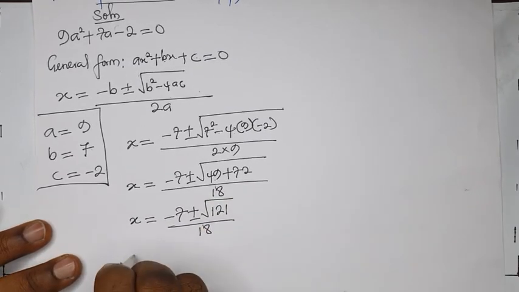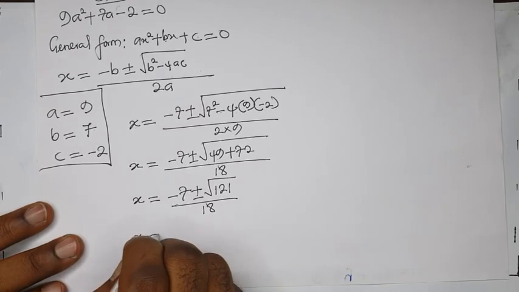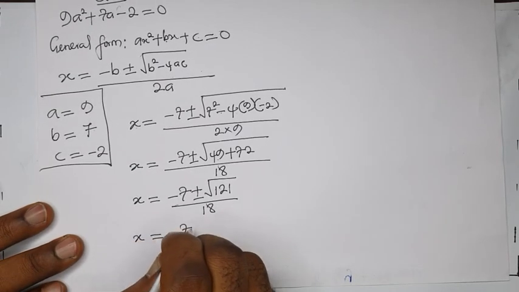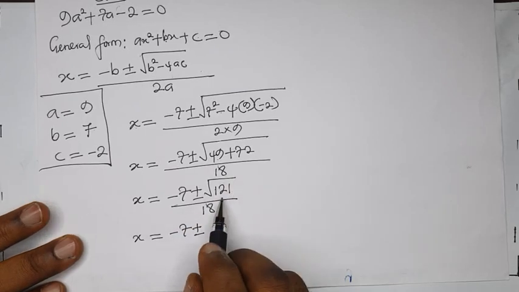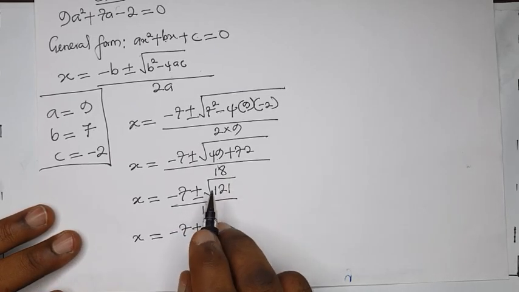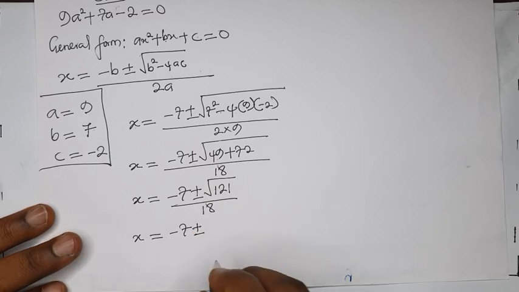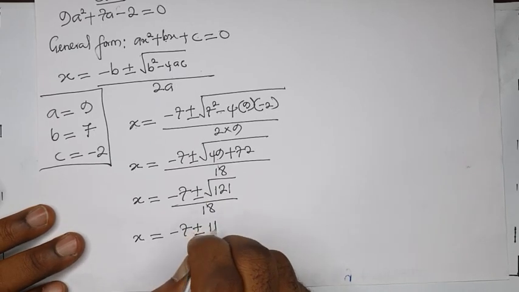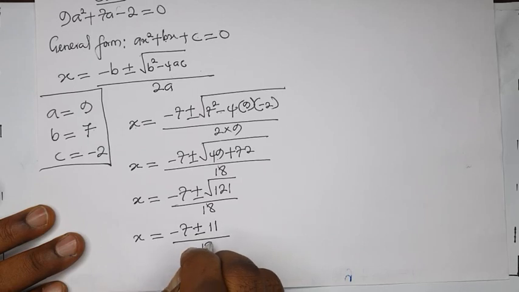Now let's simplify a little further. Coming down, x becomes -7 plus or minus, what is the square root of 121? We know that the square root of 121 is 11, because 11 times 11 is 121. So this is 11. Divide all by 18.